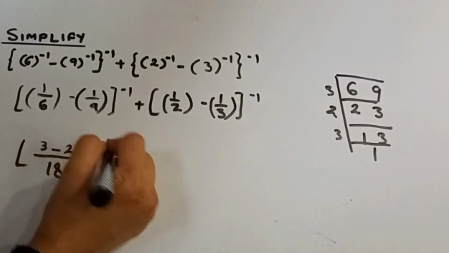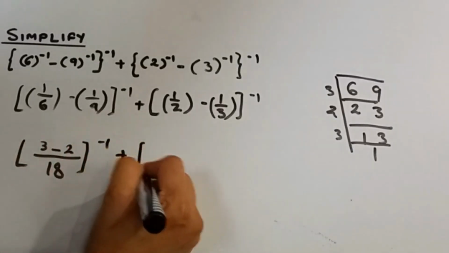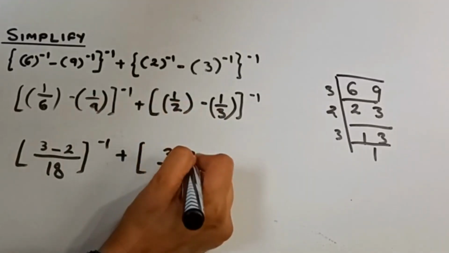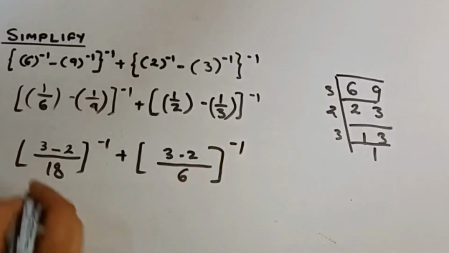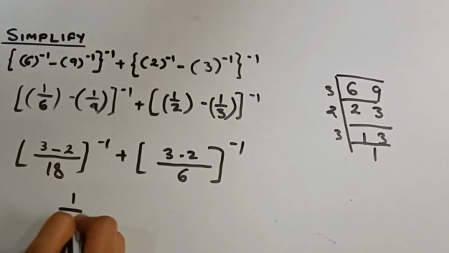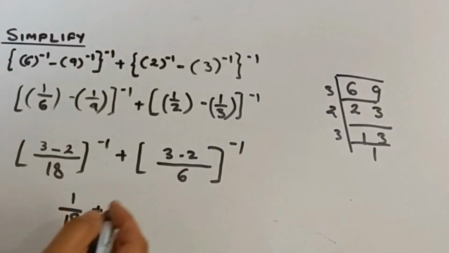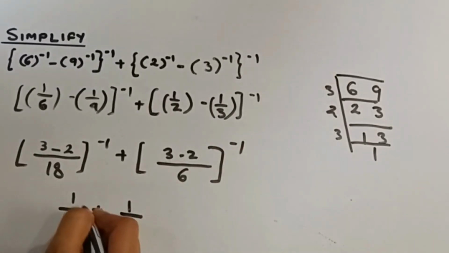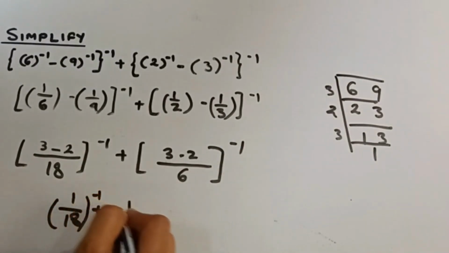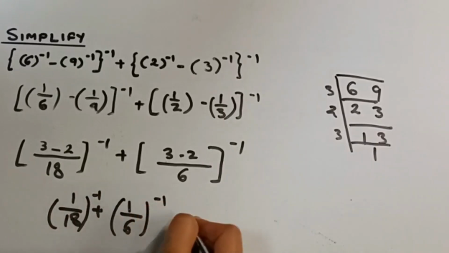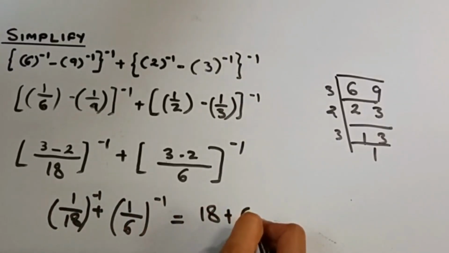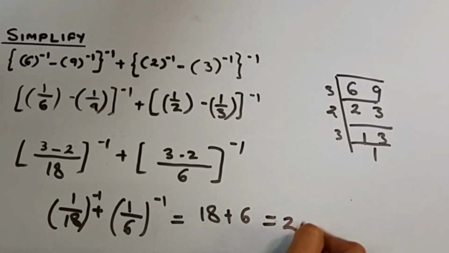This raised to minus 1 plus, here also 3 2s are 6, and 3 minus 2, this whole raised to minus 1. This becomes 1 upon 18 plus 1 upon 6, this raised to minus 1. Again this raised to minus 1, which is equal to 18 plus 6, which is nothing but 24.